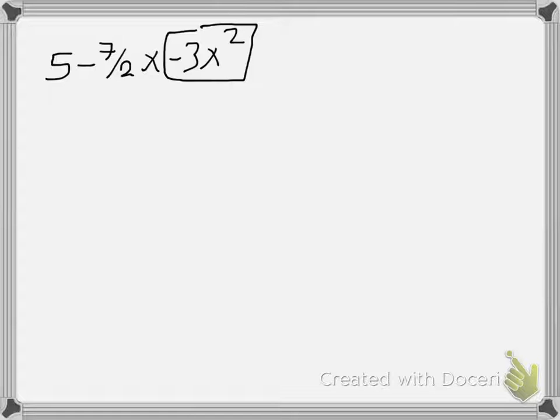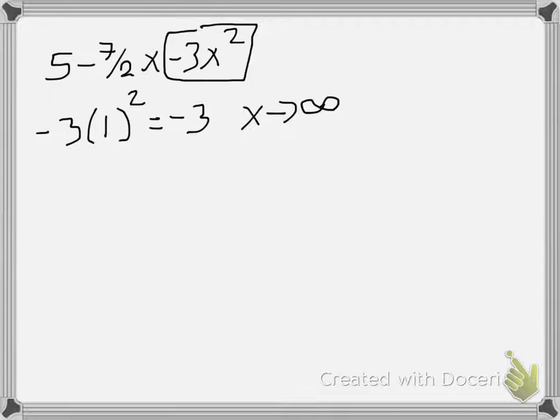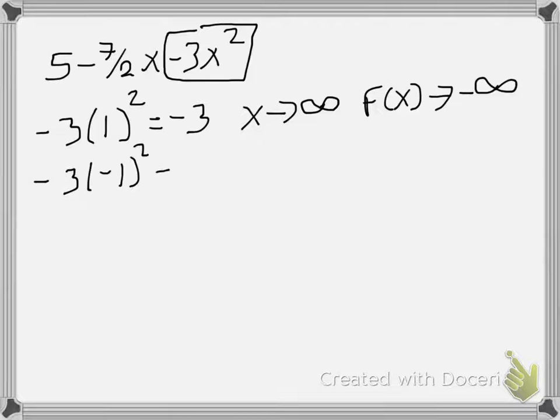Okay, so here, if you plug in, so you have -3 times 1 squared, well, that equals -3, which implies that as x approaches infinity, and this is the right-hand side again, f of x will approach negative infinity. And then again, -3 times -1 squared is still going to be -3.